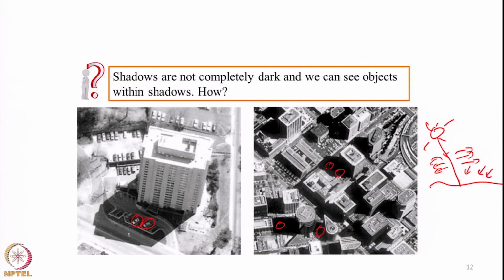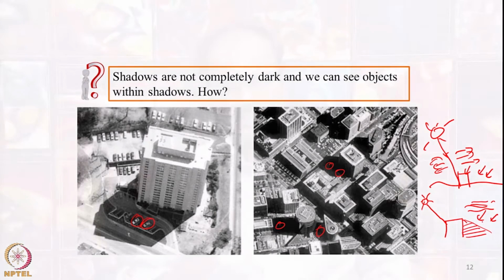Say for example, we have a building here. So, like I draw here again, there is a building here and the sun is giving its energy. This building will cast a shadow here and this portion will not receive the sun's energy. At the same time, the scattered light present all across the atmosphere will be falling on the objects within the shadow portion, and that is why we are able to see objects within the shadows.